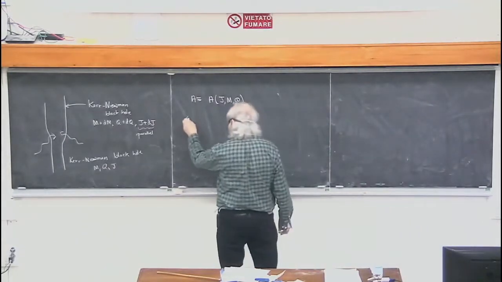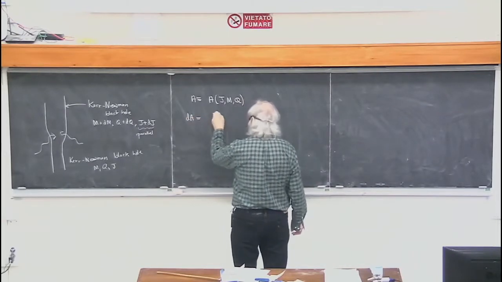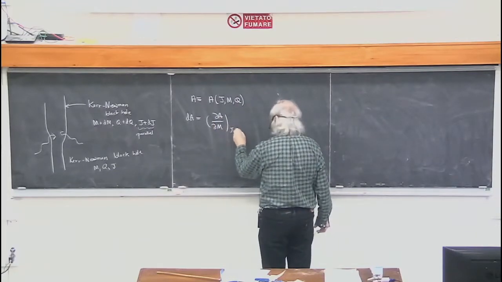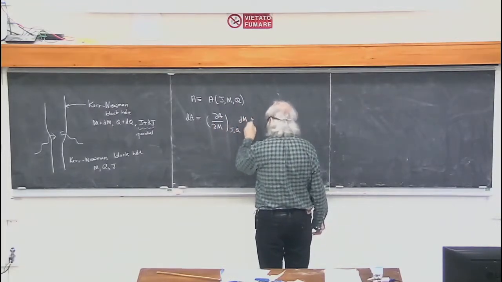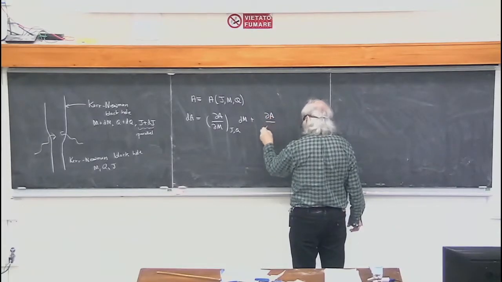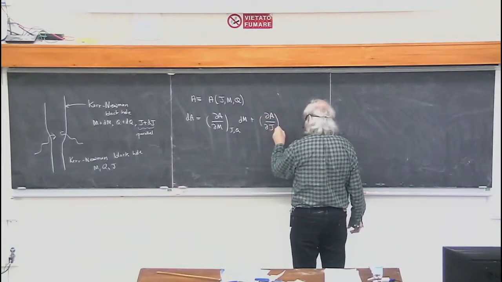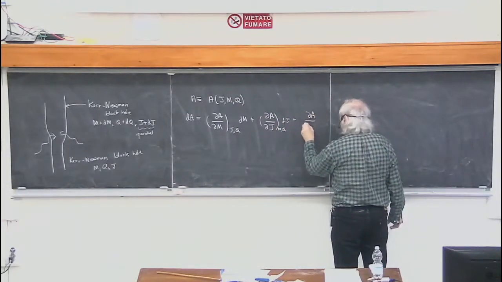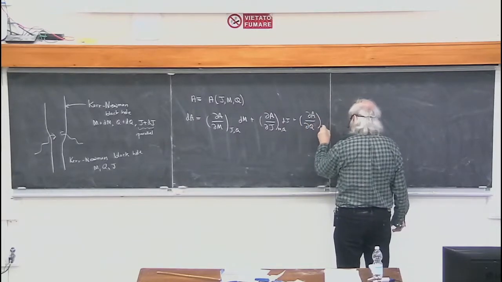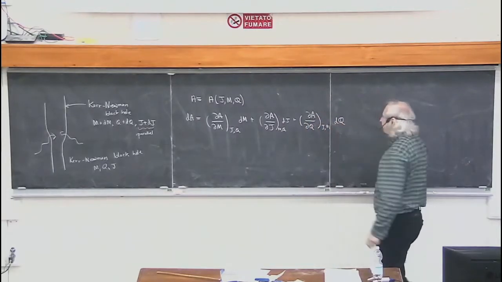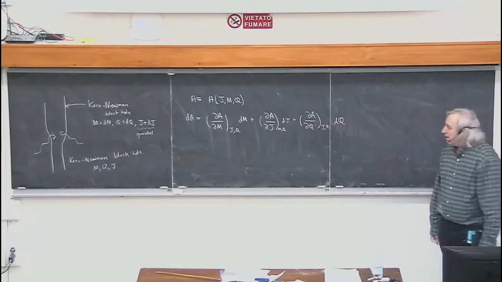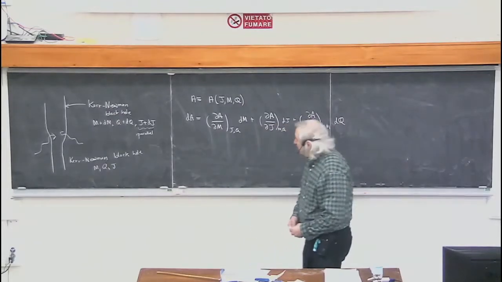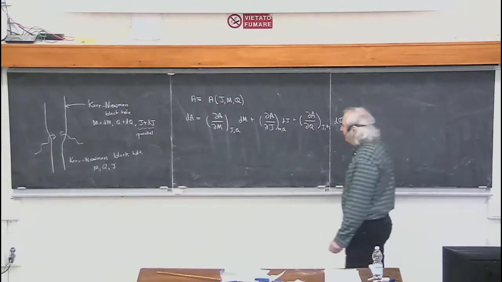So using the chain rule, dA is dA by dm at constant j and q times dm, plus dA by dj at constant m and q times dj, plus dA by dq at constant j and m times dq. I know A as a function of j, m and q, so all I have to do is to figure out what these partial derivatives are.